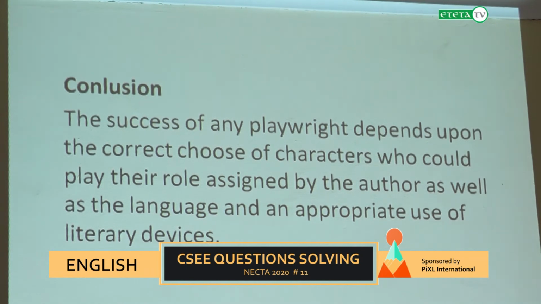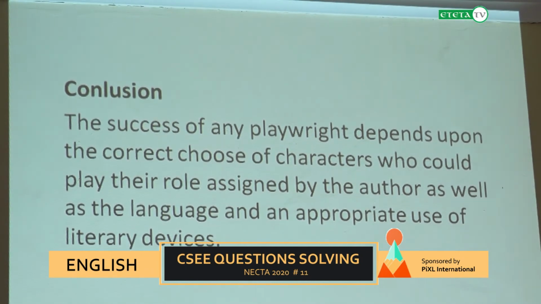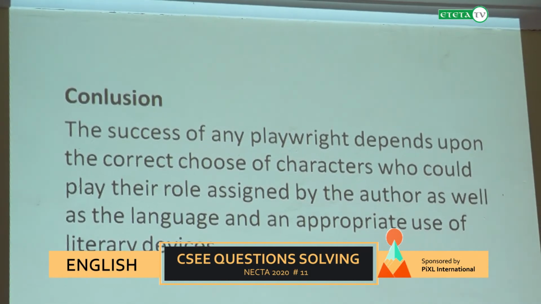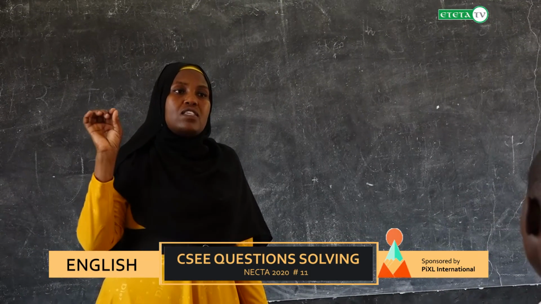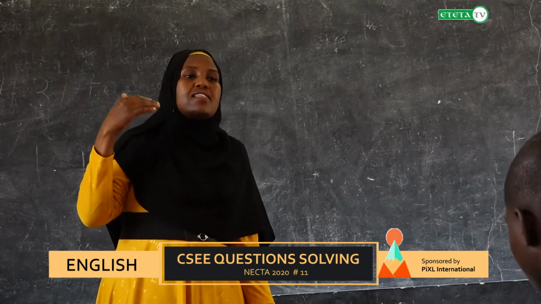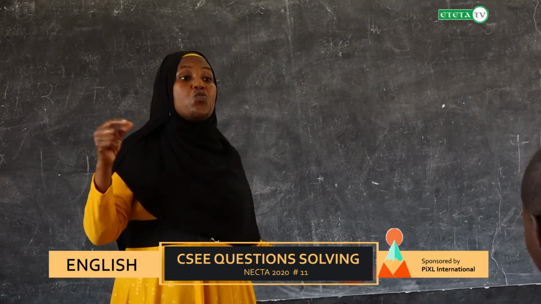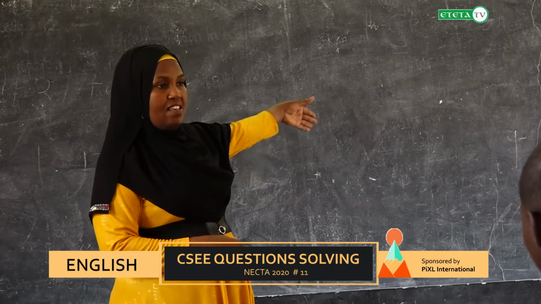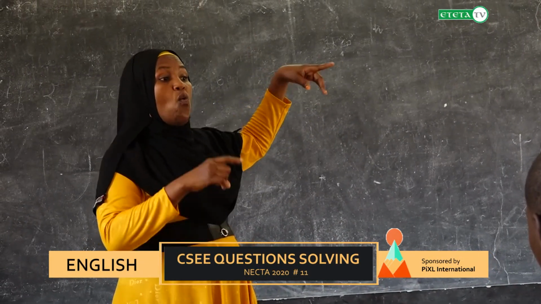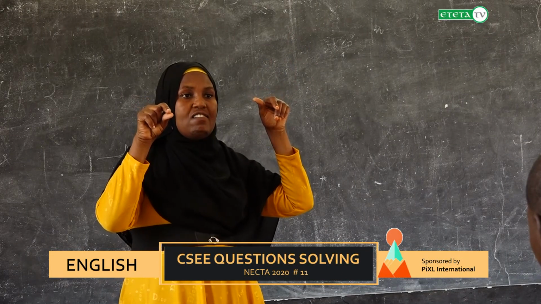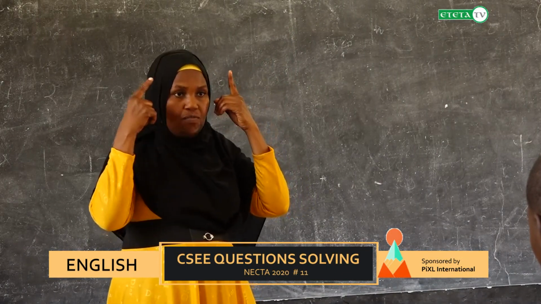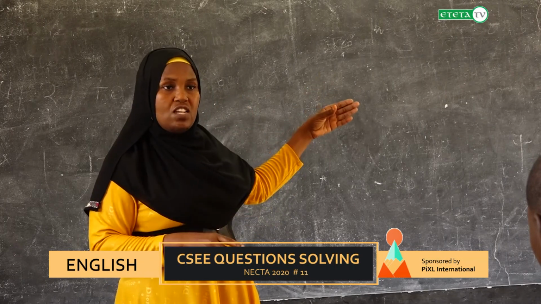How to answer the question. My dear students, are we together? Yes. Okay. Let me end here. When you come across such a question, I insist that you first of all reread the question so that you can identify the demand. As we have seen in the introductory part, we paraphrase the question. That means we get the way of starting on how to answer that question.